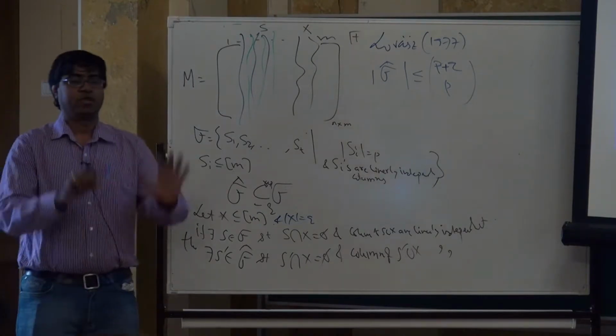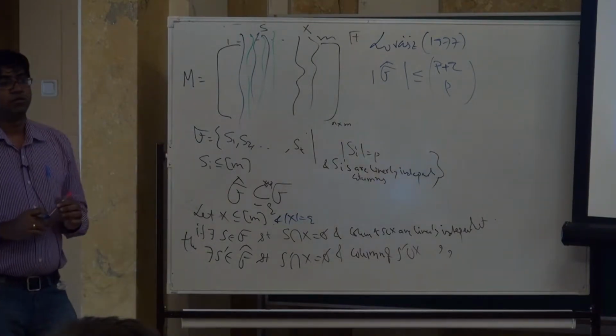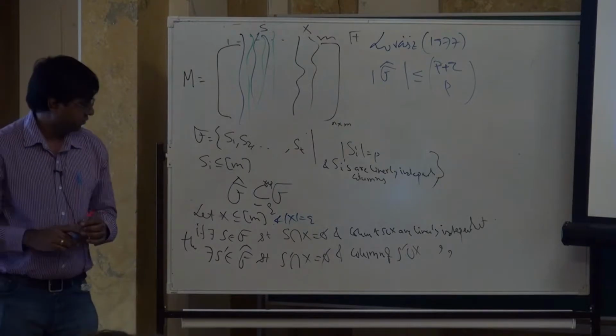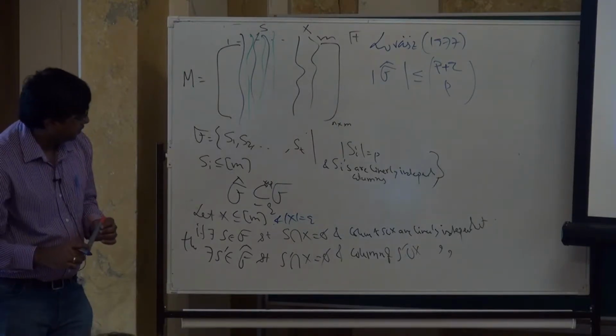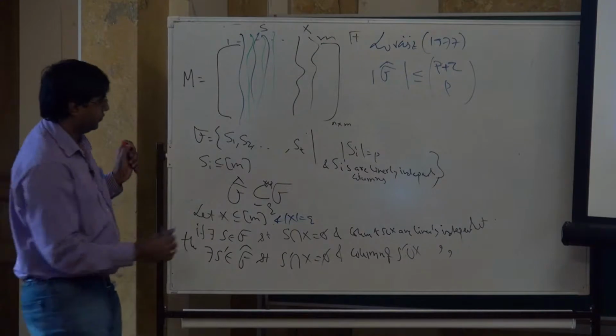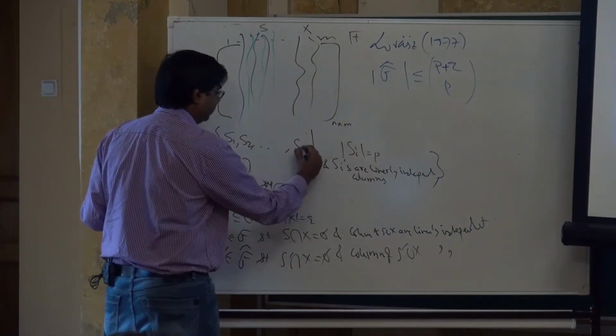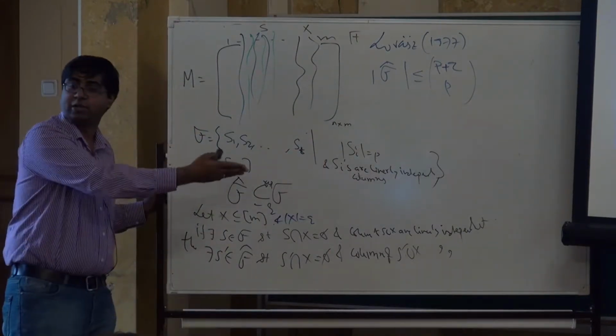So basically, F is some S_1 to S_T, a family you gave me.